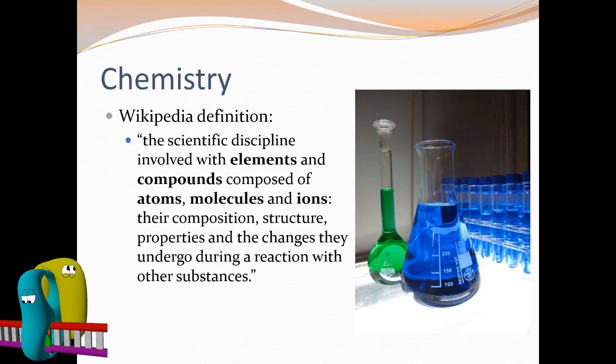So just to read the Wikipedia definition, chemistry is the scientific discipline involved with elements and compounds composed of atoms, molecules, and ions, looking at their composition, structure, properties, and the changes they undergo during a reaction with other substances.